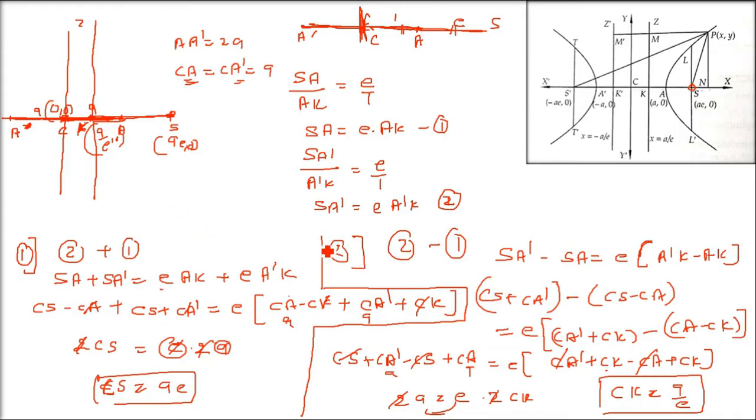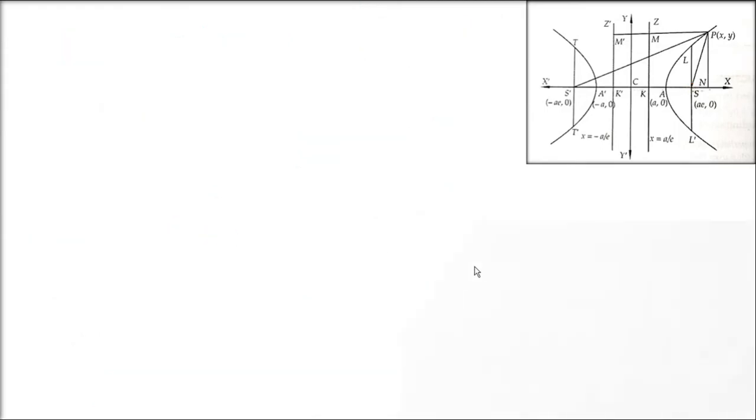Now I'm going to take you again to the discussion we had, that initially I told you any conic section means the movement or the locus of the point which has a distance from a fixed point and a distance from a fixed line, and the ratio is going to be E, eccentricity.